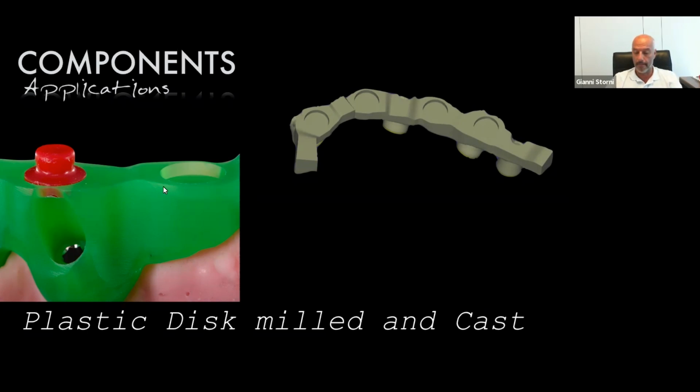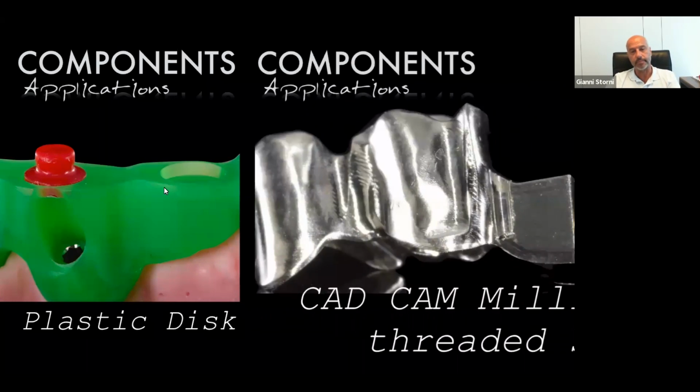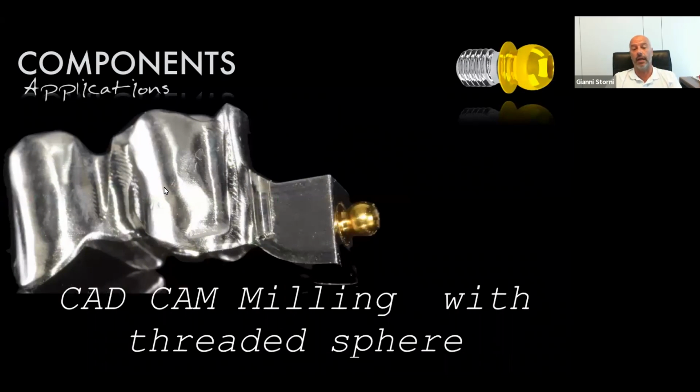Then we have other applications growing up following the CAD-CAM solution. We can CAD-CAM the crown, and we can also thread the attachment using one prefabricated component already made by us.